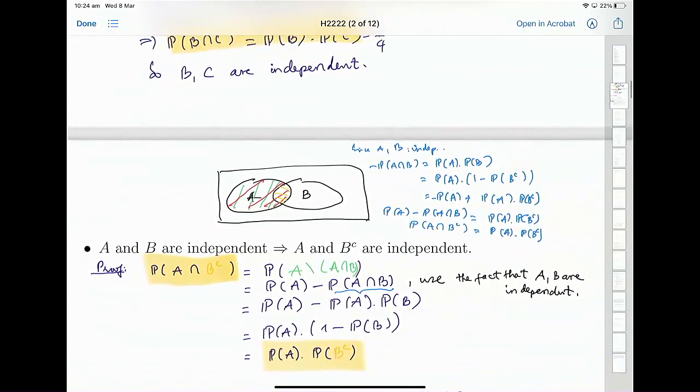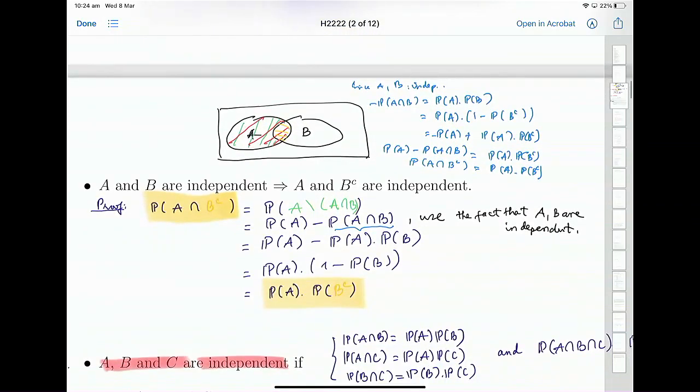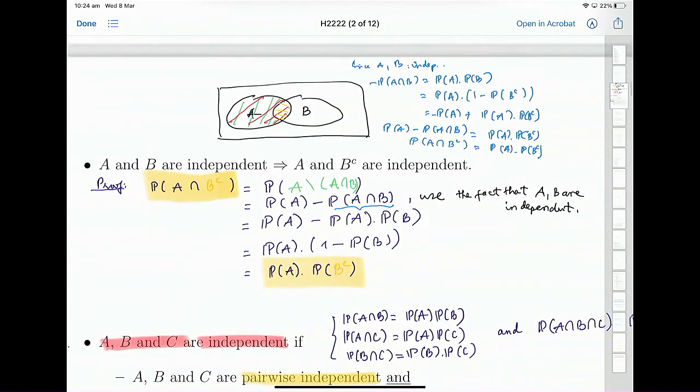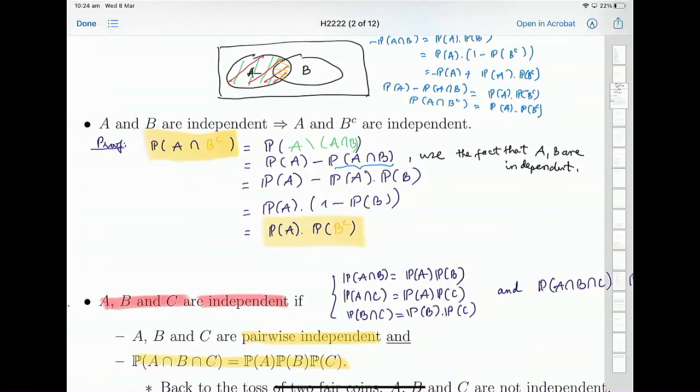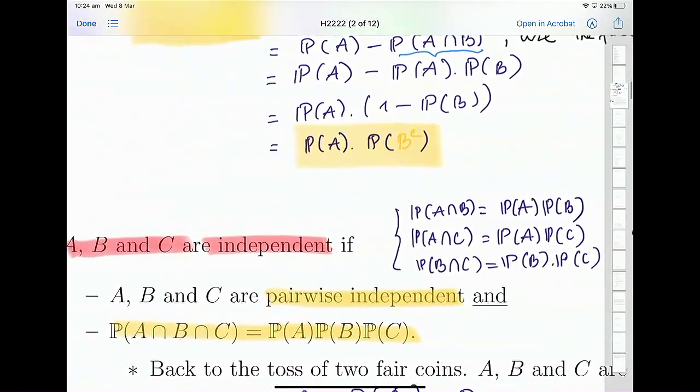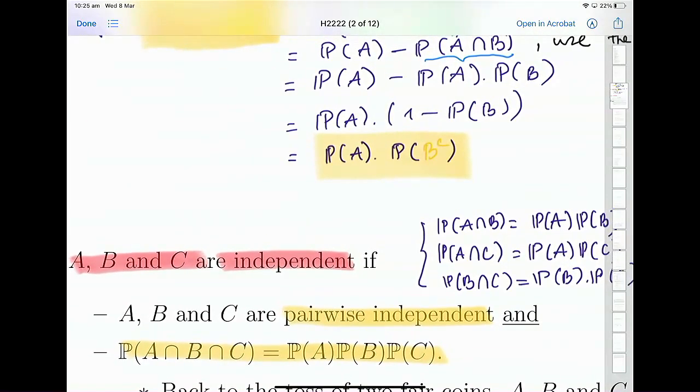Okay. So we have a definition of two events being independent. Now we go to the definition of three events' independence. We say A, B, C are independent if A, B, and C are pairwise independent and also probability of A intersect B intersect C equals the product of probability of A times probability of B times probability of C. And what does it mean when we say A, B, and C are pairwise independent?